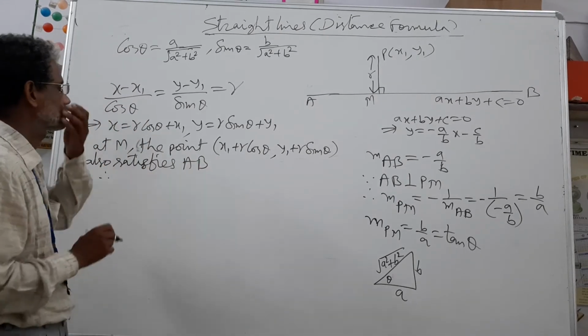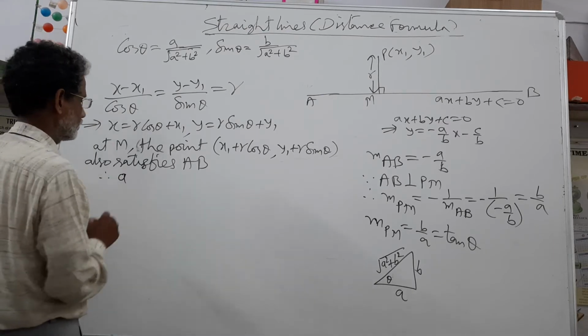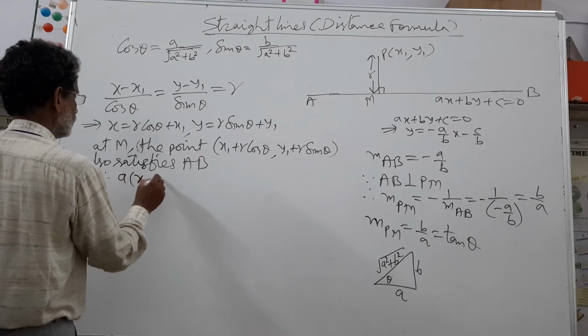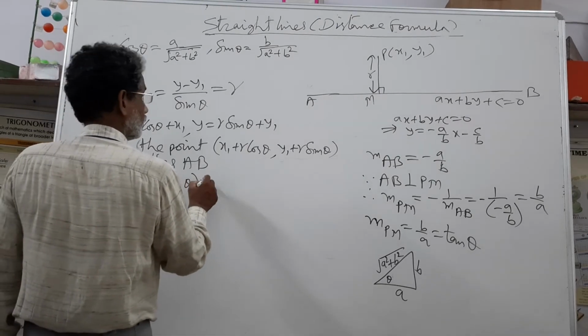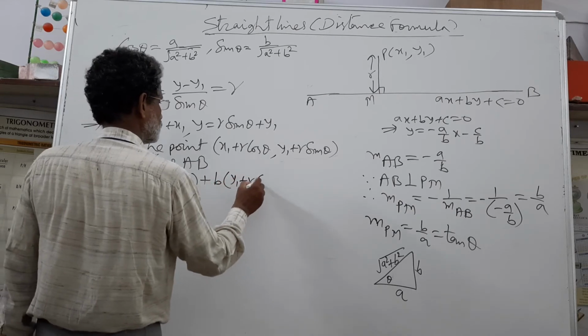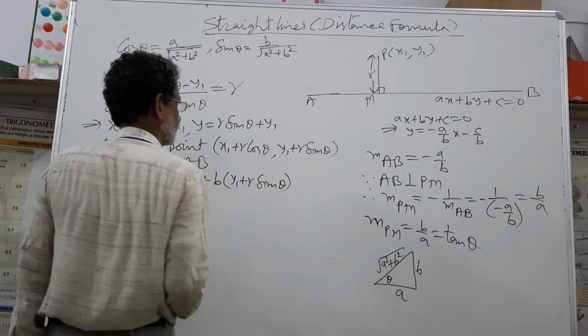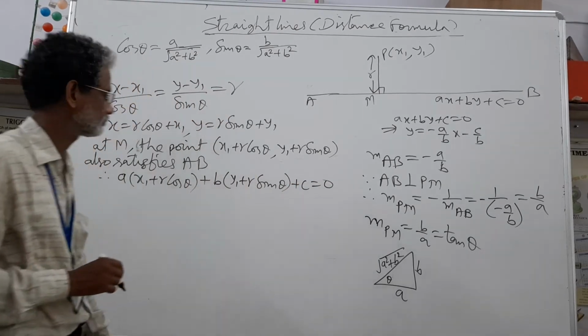Therefore, A into (x1 plus r cos theta) plus B into (y1 plus r sin theta) plus C is equal to 0.